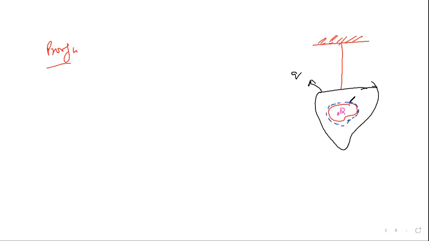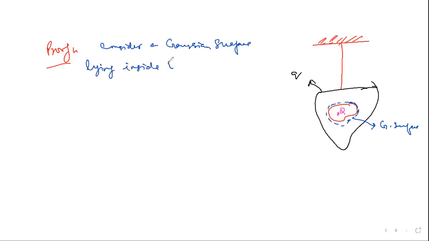See how the proof goes. This is my Gaussian surface. Consider a Gaussian surface lying inside the body of the conductor and enclosing the cavity.